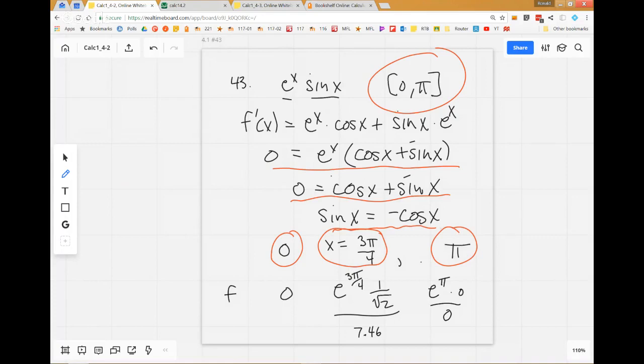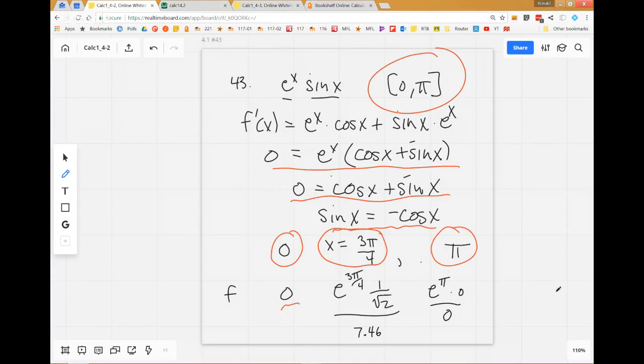What is f of 0? E to the 0 is 1. The sine of 0 is 0. And 1 times 0 is 0. Okay? When you have 3 pi over 4 and plug that in, you get e to the 3 pi over 4 times the sine of 3 pi over 4, which is 1 over the square root of 2. Anyway, that one you're going to have to crank out decimal-wise, and that turns out to be 7.46.